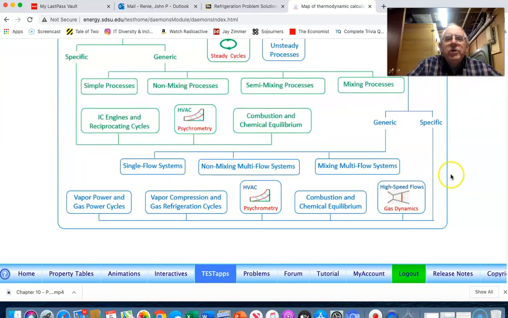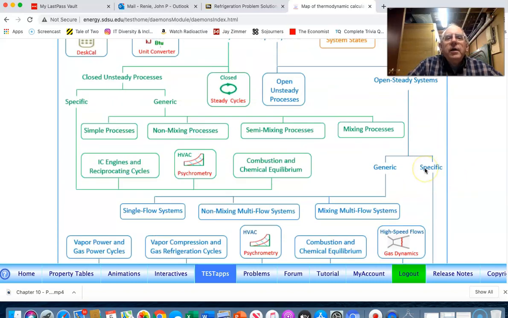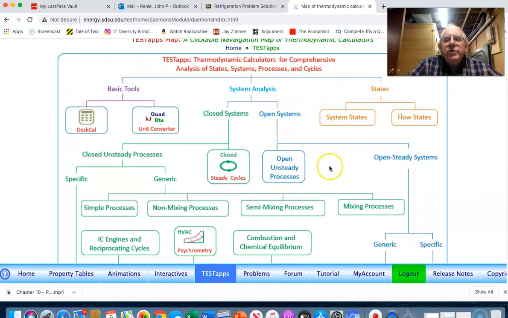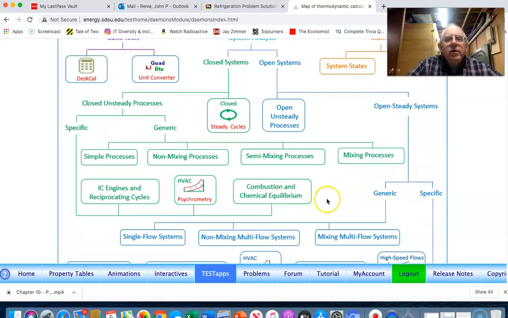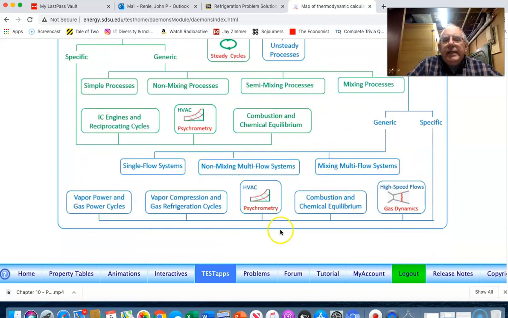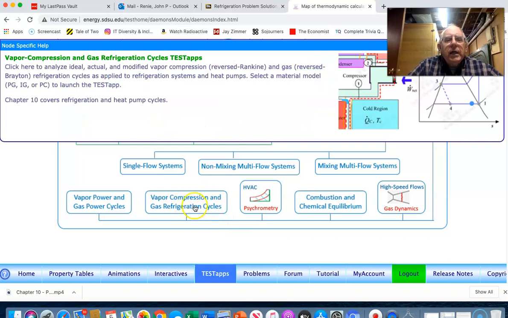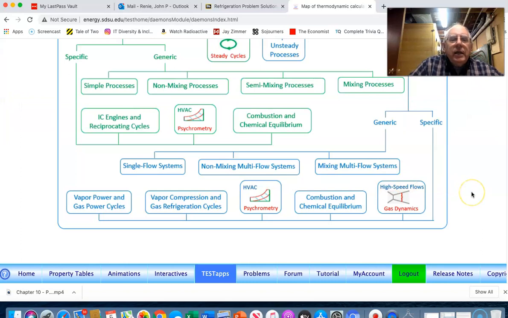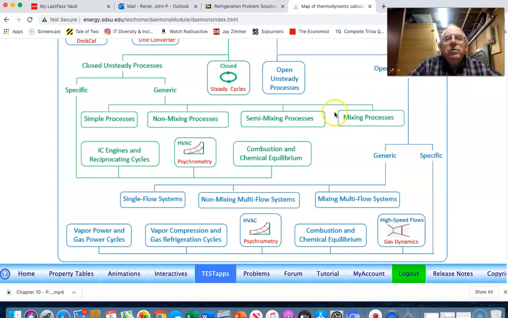In this particular case, as you go through the process here, there really isn't a heat pump per se, but it is a vapor compression refrigeration cycle, which we know can also be a heat pump.